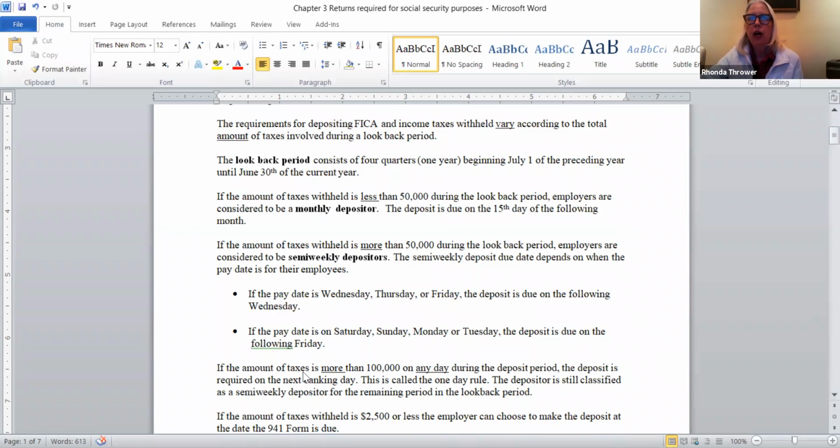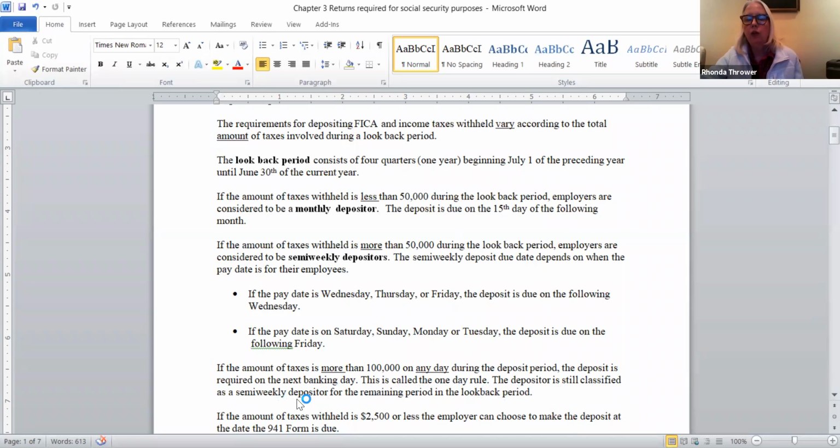So if you've got taxes of $100,000 that you've withheld at any point in time, you've got to make a deposit of the taxes on the next banking day. The depositor will still be classified as a semi-weekly depositor for the remaining period in the look-back period.